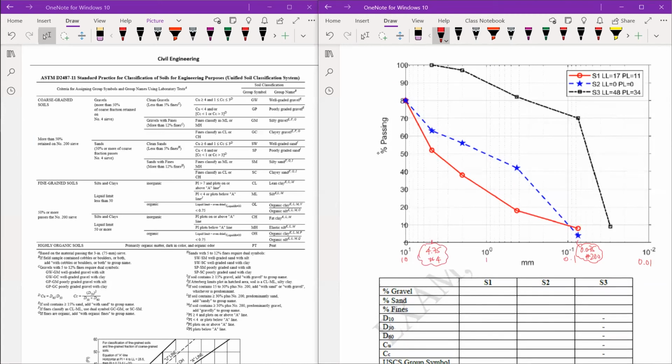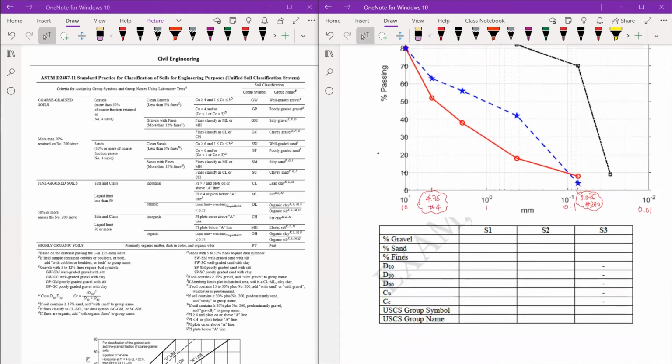When we approach our grain size distribution soil classification problems per ASTM standard, the very first thing to do is, for each soil sample, tell the percent gravel, percent sand, and percent fines. Percent fines is the most obvious one because it is defined by the particles passing number 200, which we can read straight from the graph.